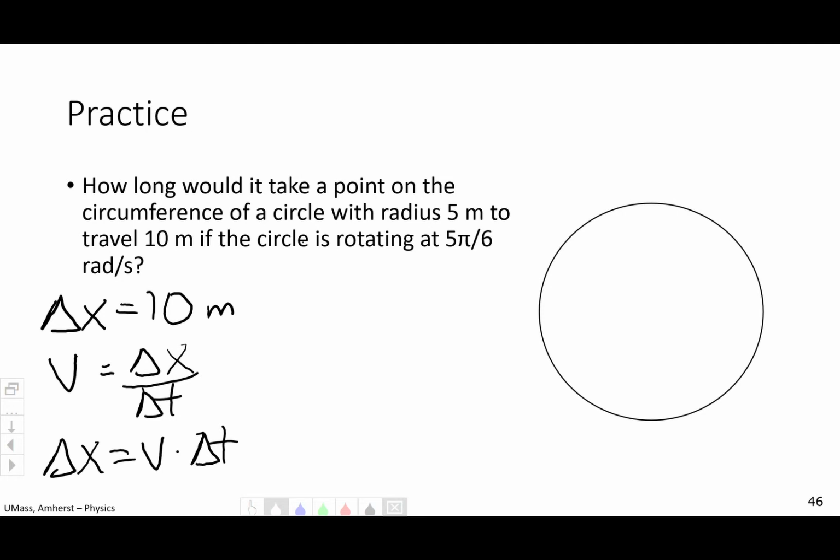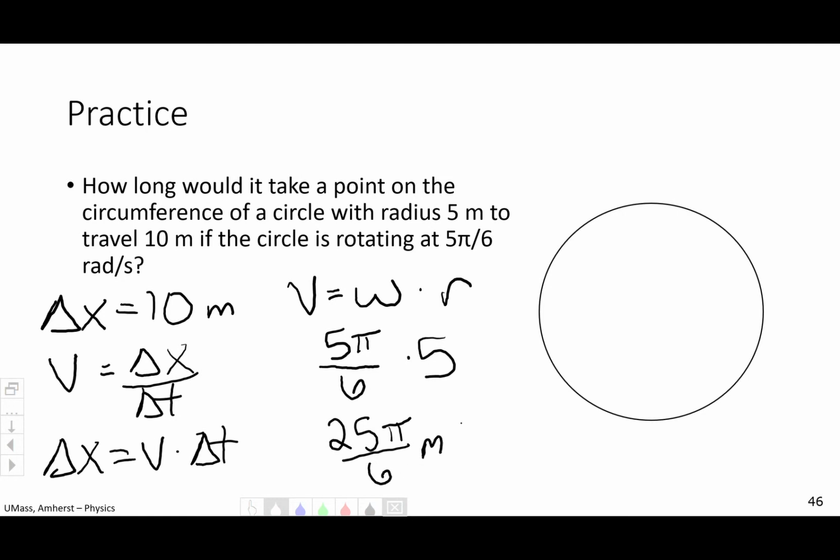That means that velocity equals omega times r, 5 pi over 6 times a radius of 5, equaling 25 pi over 6 meters per second. Oh wait, no, we don't need that. We need the other way around. We need time is displacement over velocity.